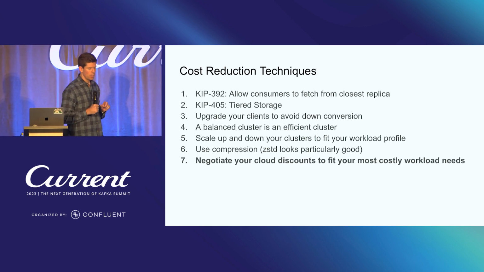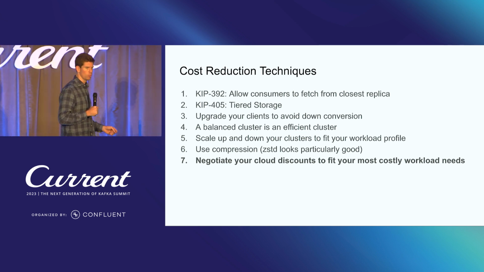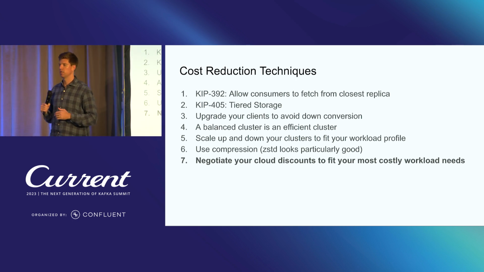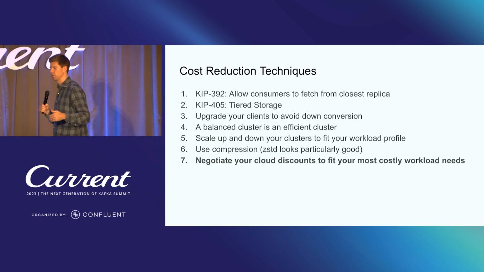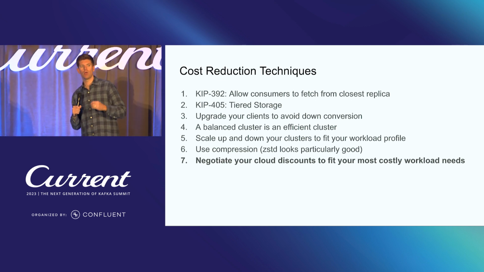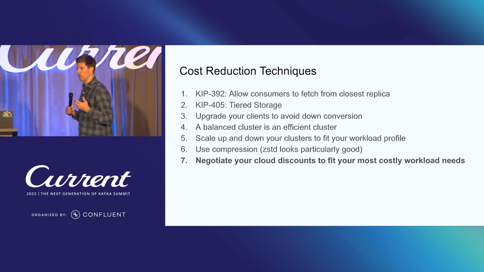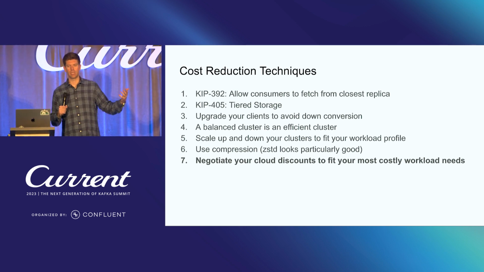The last one, negotiate your cloud discounts to fit your particular workload profiles. I think we're all looking to save money on cloud costs, but as you think about your negotiations with cloud providers, make sure you're thinking about the specifics of your workload. I was really involved in a lot of our negotiations with the big CSPs that Confluent Cloud runs on top of.